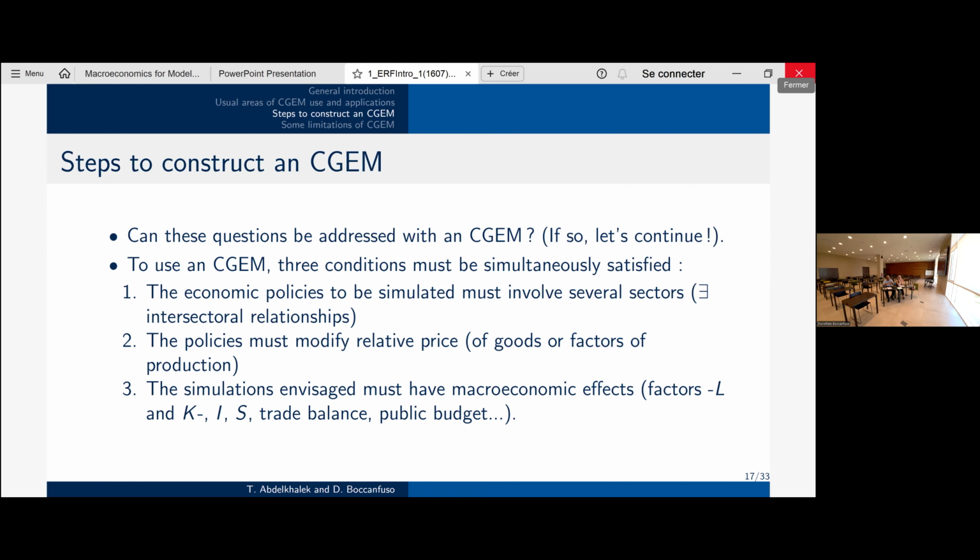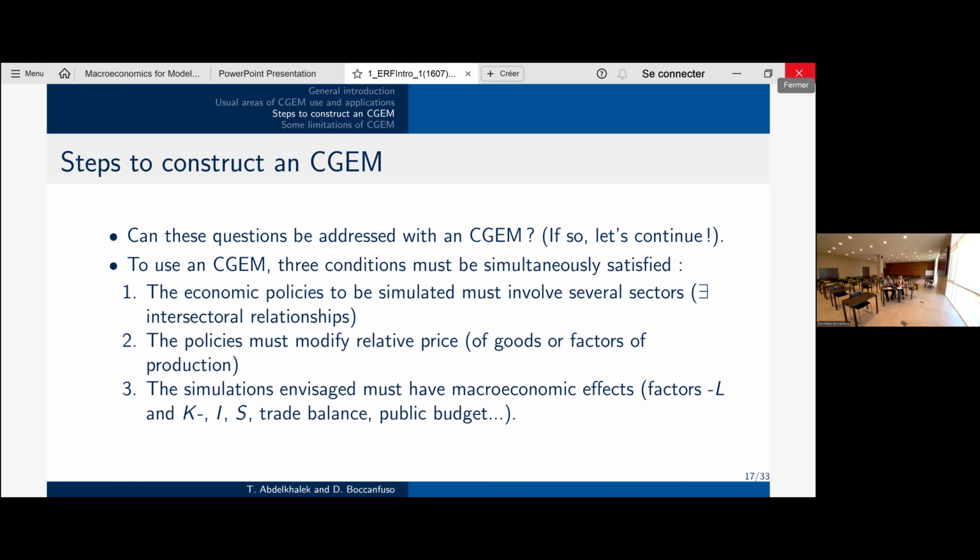This means that we have intersectoral relationships between sectors after this policy. If we only look at the macro level, or the policy is not important for intersectoral relationships, we do not have to use a CGE model. This is the first one.